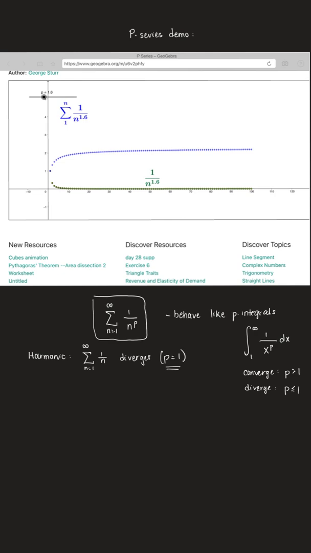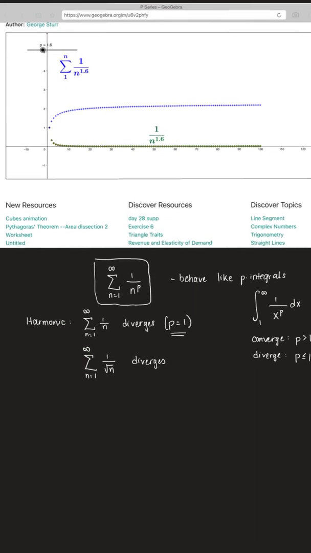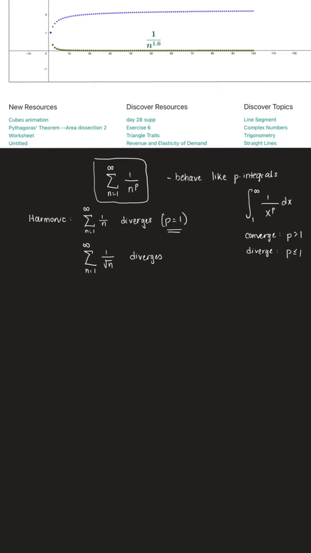That will diverge. For values of p less than 1, for example, 1 over root n, from n equals 1 to infinity, this is p equal to 1/2. This also diverges. So let me just more formally write this.